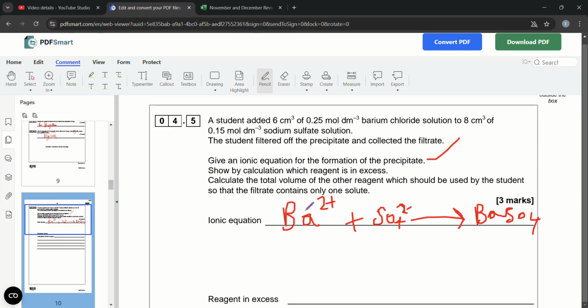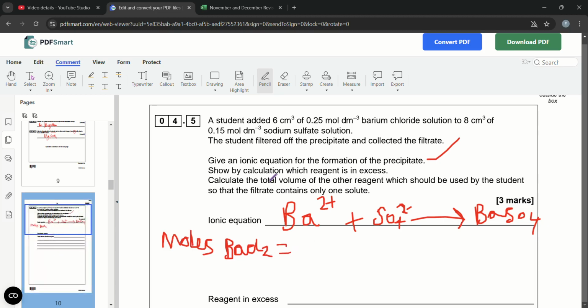Well, if you find out the moles of barium chloride and then the moles of sodium sulfate, that's what we have to do. It's going to be moles of barium chloride, BaCl2. Moles equal concentration times volume. We're going to use that formula.